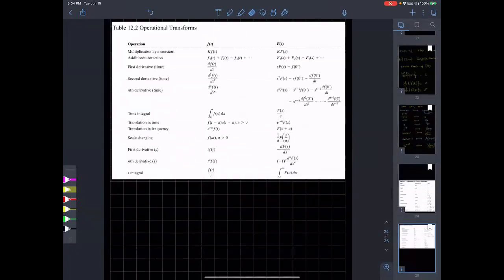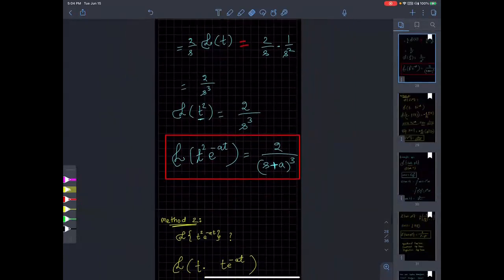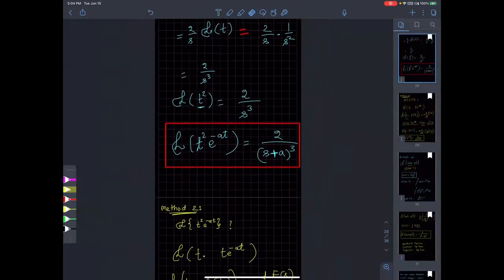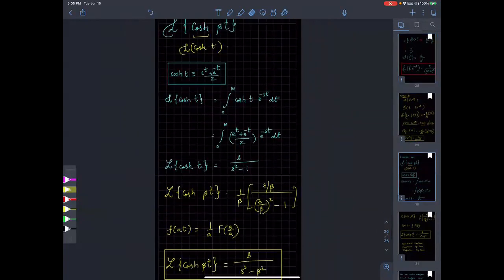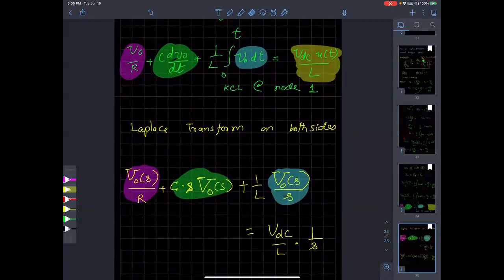And then we have derived so far. The important thing that we want to remember at this point is that if you go back here, in the time domain, we had derivatives and integrals, integro-differential equations.